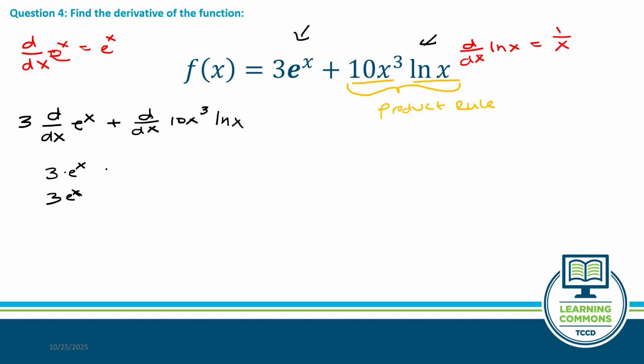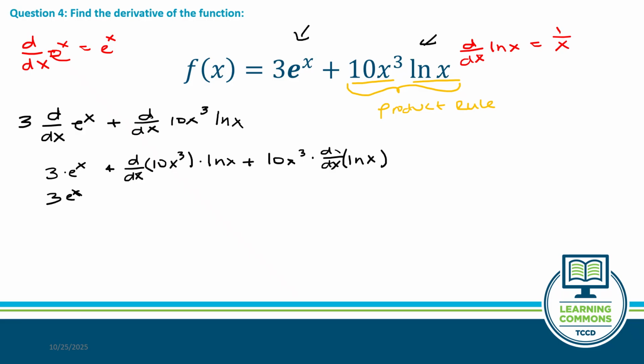This one, however, is going to become, like that.